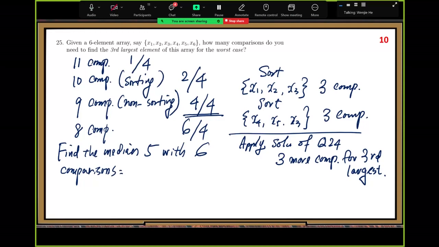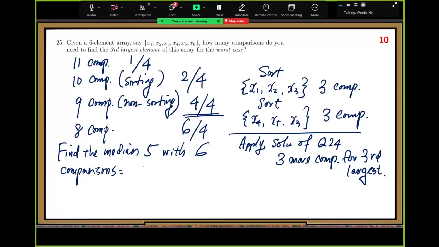But after we find the median, what do we get? What do we get after we find the median? So I want to point out an important property here. Okay, so what do I mean?